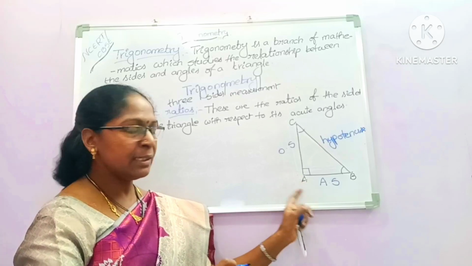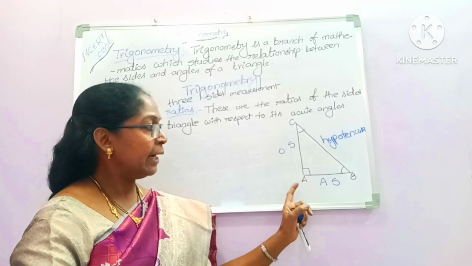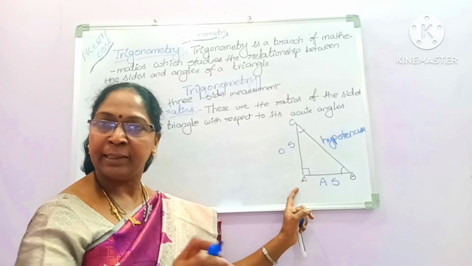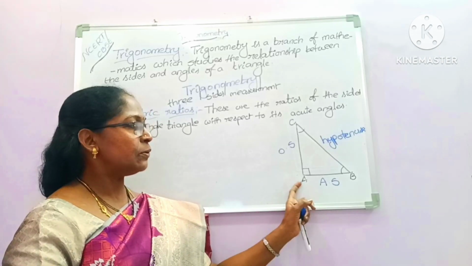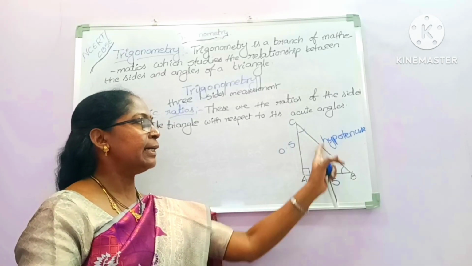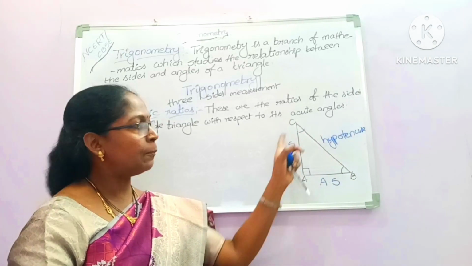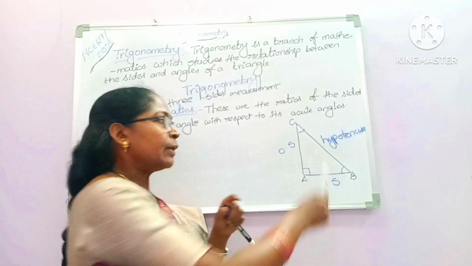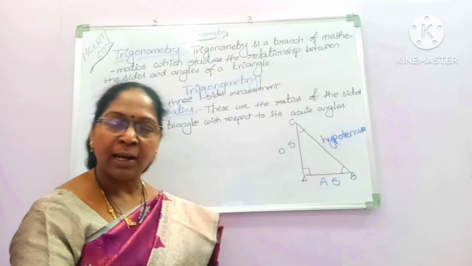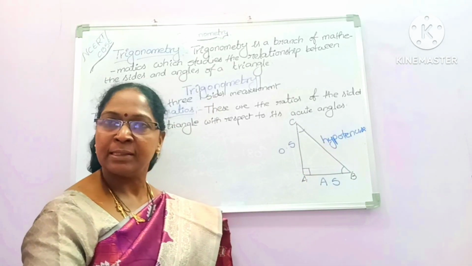Here in this right angle triangle, the 90 degree right angle is at letter A, so the opposite side is BC. Like this you can identify the hypotenuse.